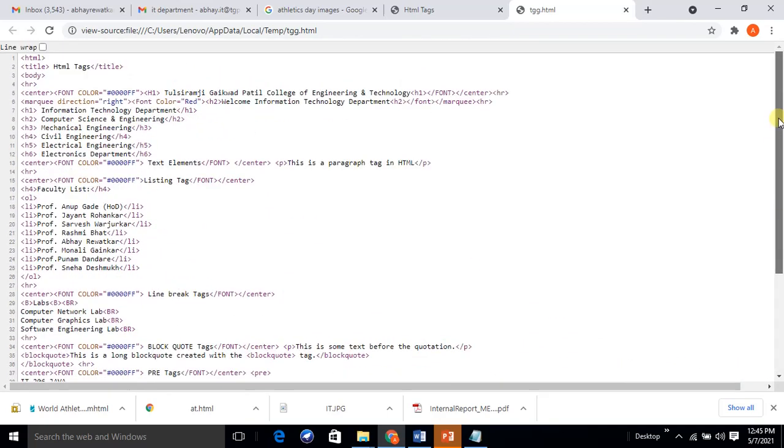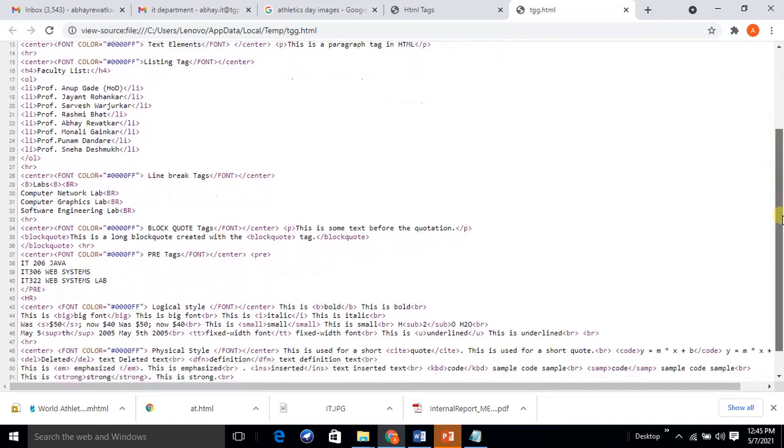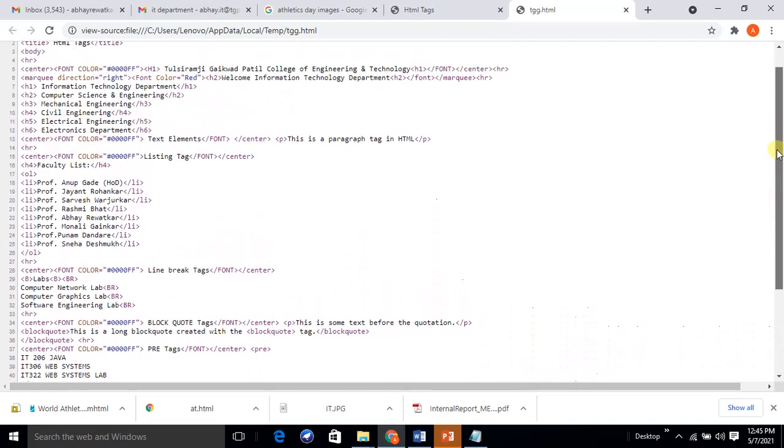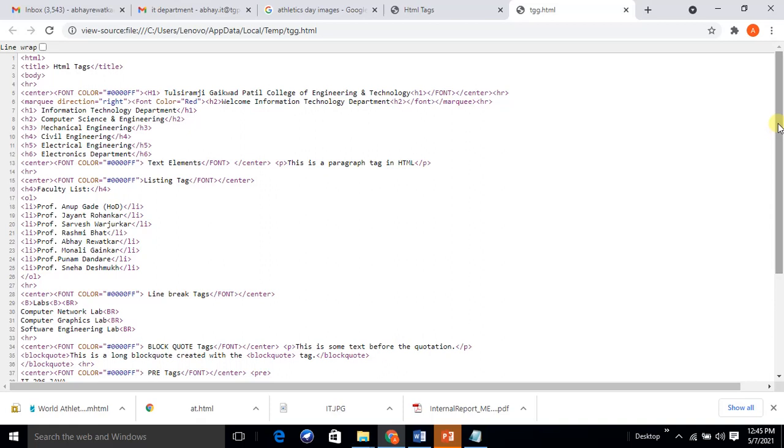This is related to practical number 4, where we have used different types of HTML tags, the most important tags to develop a web page: the pre tag, bold tag, list tag, ordered list tag, unordered list tag, block text tag, italic tag, superscript, subscript. All the basic tags have been used. This is related to practical number 4. So thank you.